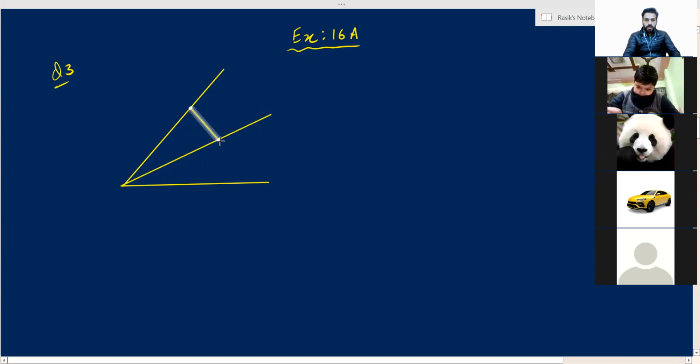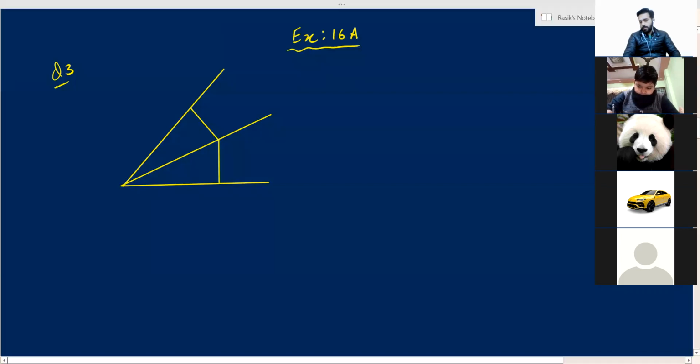We are not doing any geometrical construction here. It is simply a figure which is given in the question already. So you just have to draw a rough figure, but it should look neat and clean, without using a scale.